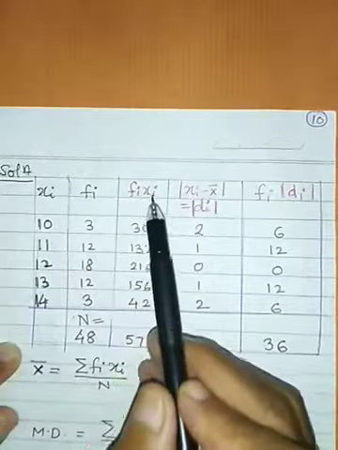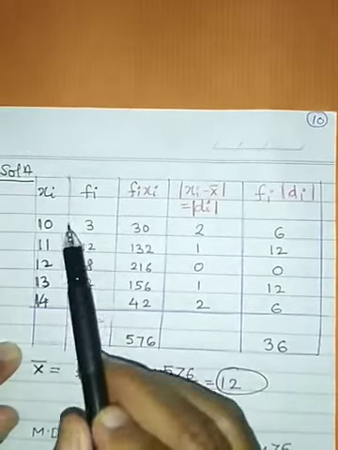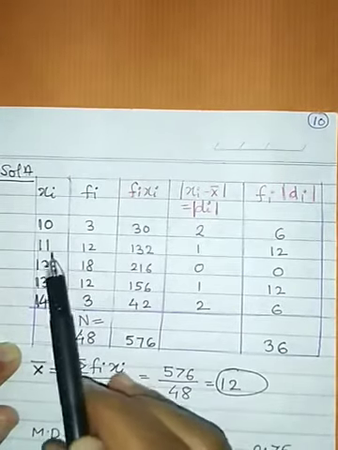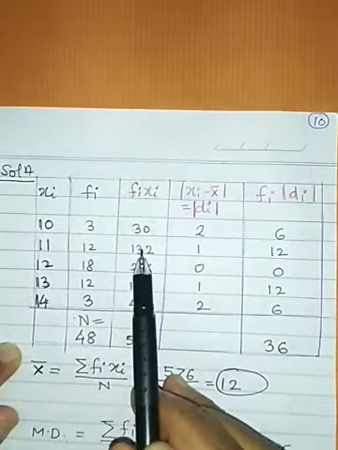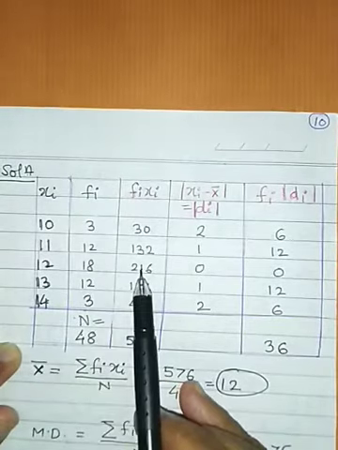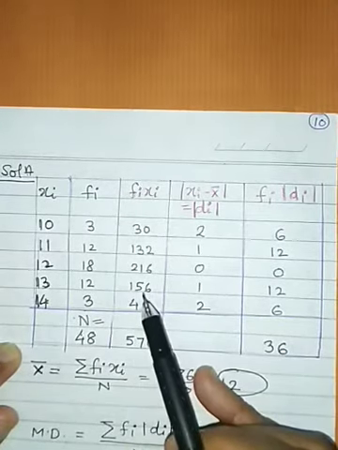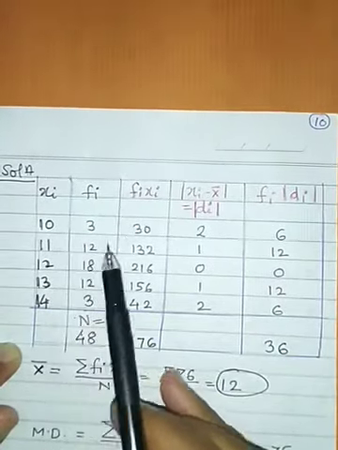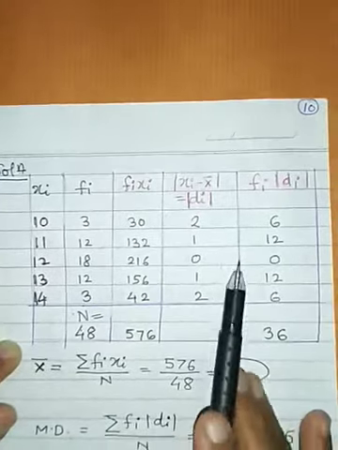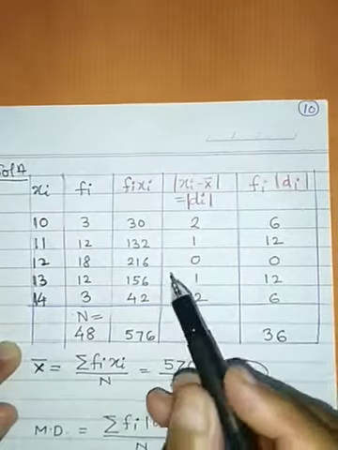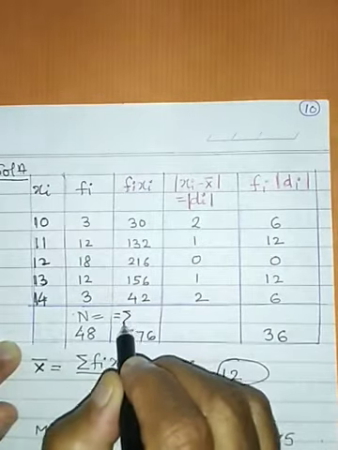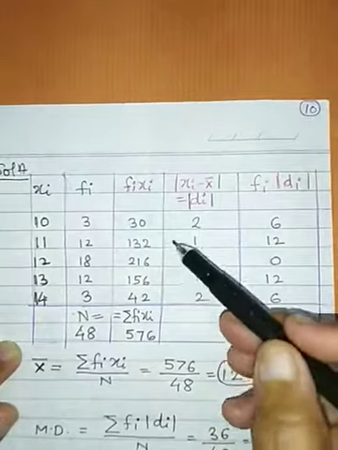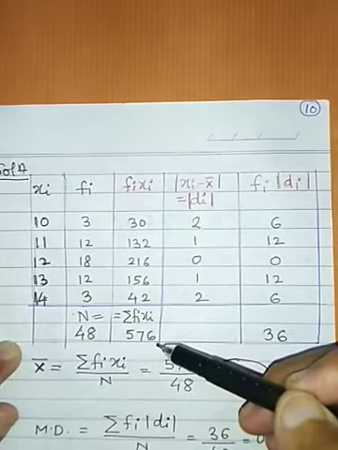The first entry, fi multiplied by xi: 10 into 3, that is 30, is our first entry. 11 into 12 is our second entry, 12 into 18 is our third entry, and so on. These two columns are multiplied one by one and entered here. Now you take its sum. That sum, summation fi xi, is 576.